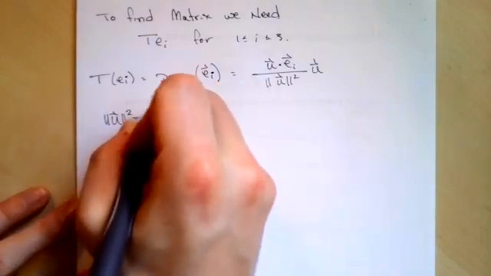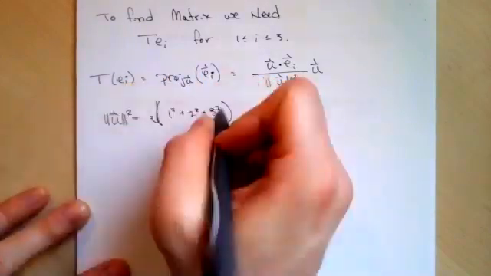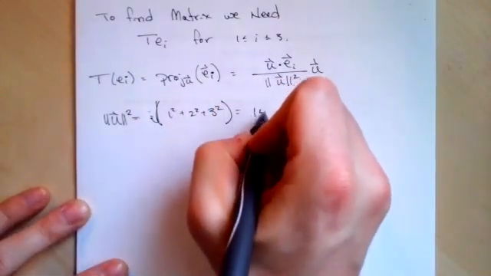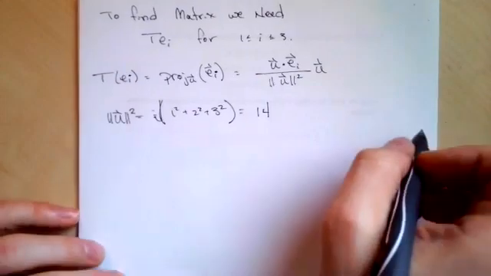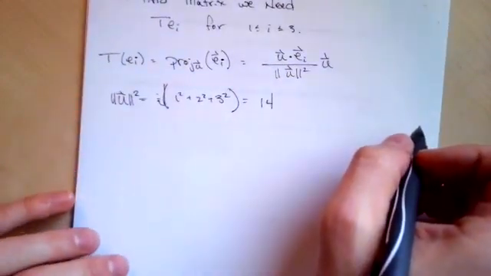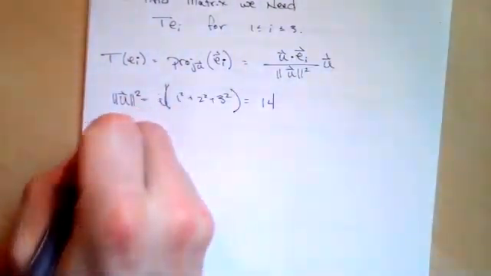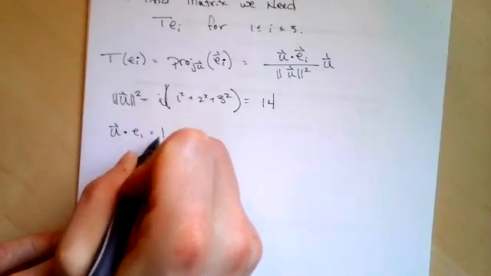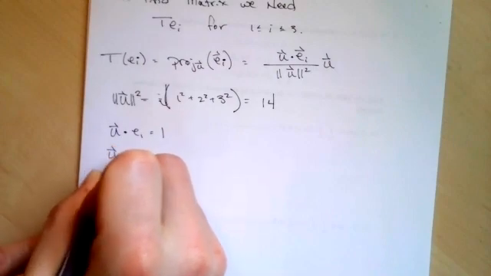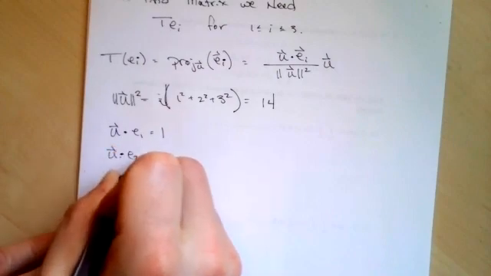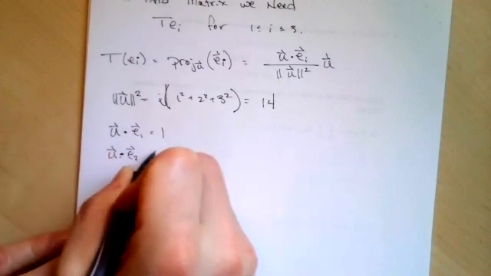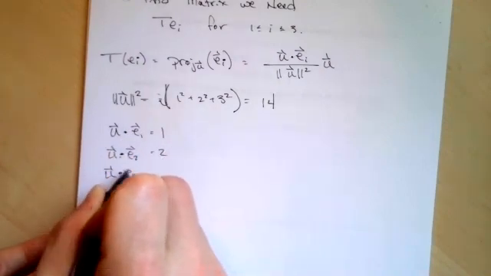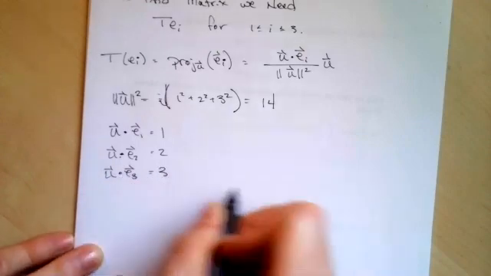We don't need the square root since we're squaring it. So 1 plus 4 plus 9 is going to give us 14. We can compute each of the dot products individually. U dot E1 is 1. U dot E2 is 2. And U dot E3 is 3.